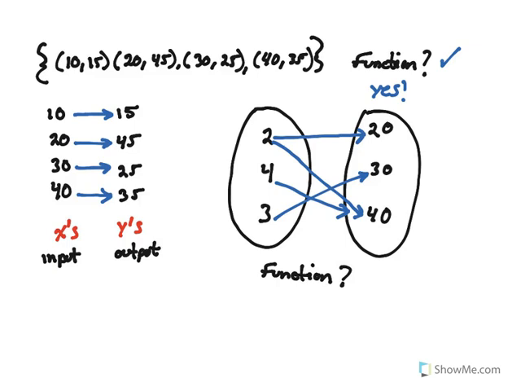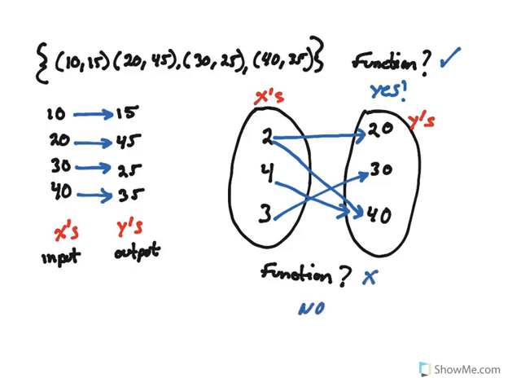Let's evaluate how each x correlates to the y. Look at the first value of x. Remember, these are your x's and these are your y's. So look at the 2. 2 is an x. It's producing 20, and it's also producing 40. So it's paired with more than one y value, and right off the bat, that fails the definition of a function.